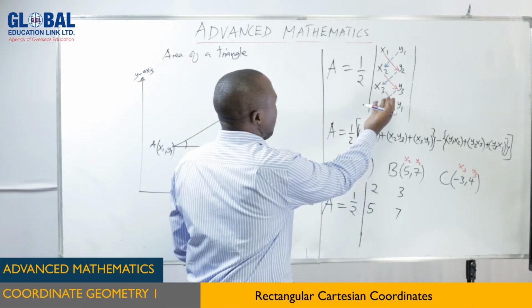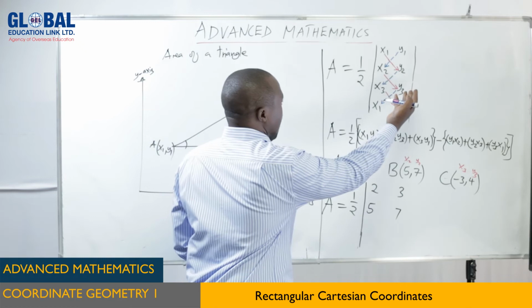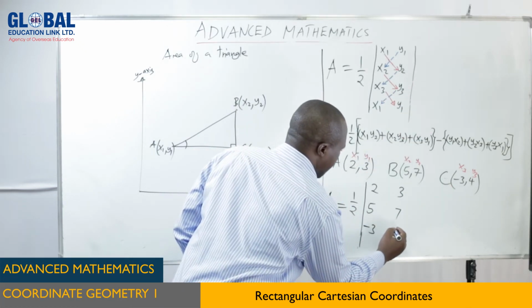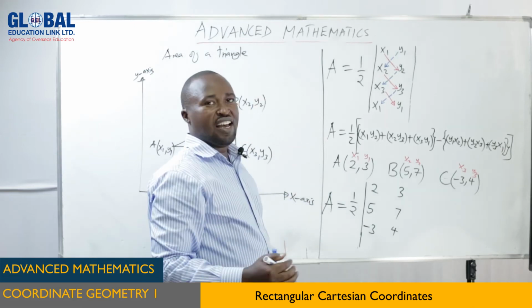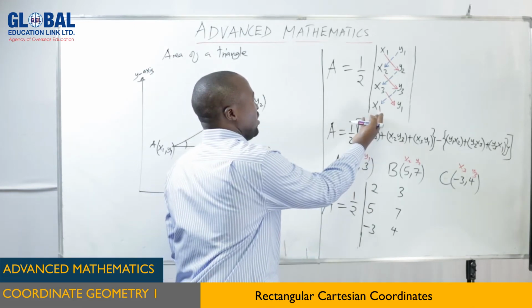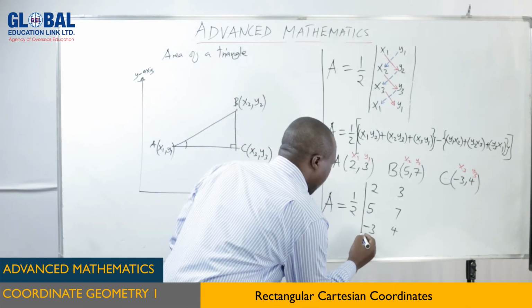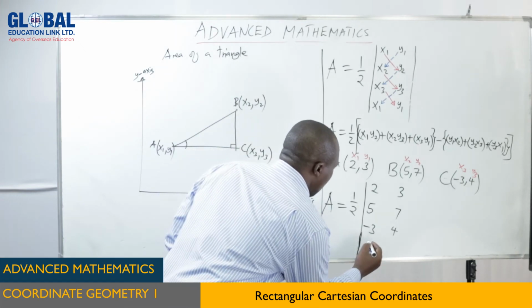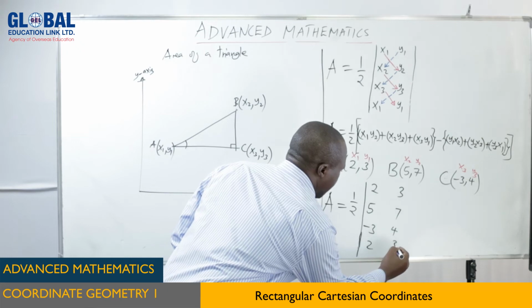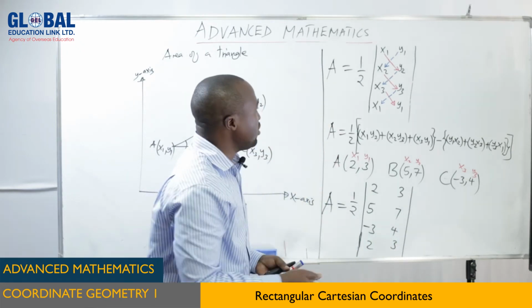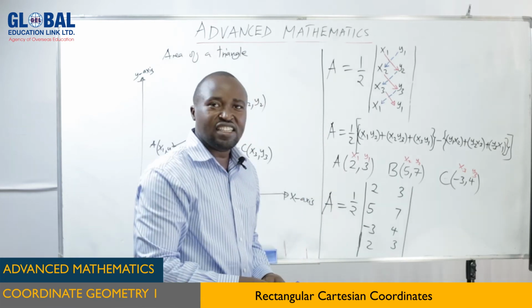Another one is x3, y3, that is -3 and 4. And the last one is x1, y1, which means we repeat the first coordinate, 2 and 3. So remember, we use arrows and the dotted arrow.